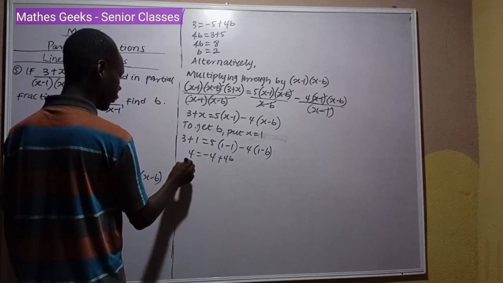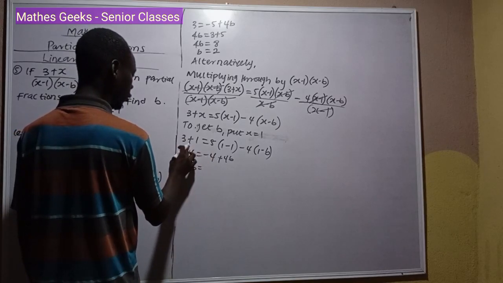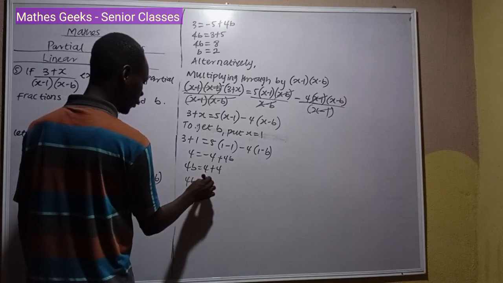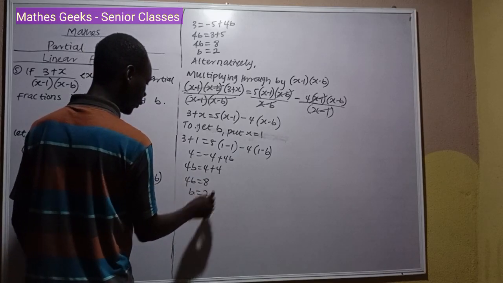So this one crosses over to become 4 plus 4, 4b plus 8, and is equal to 2.